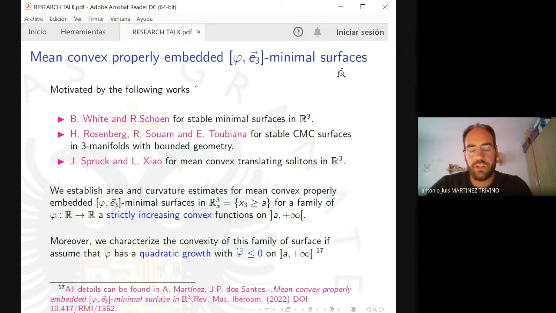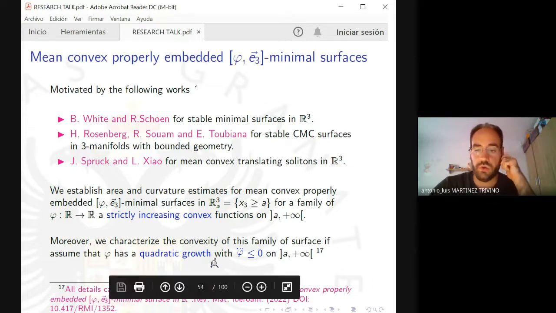Motivated by the following works of Brian White and Schoen for stable minimal surfaces in R3, Rosenberg, Souam, and Toubiana for stable CMC surfaces, namely constant mean curvature, in 3-manifolds with bounded geometry, and the work of Sprague-Chow for mean convex translating solitons in R3, in this section we establish area and curvature estimates for this family of surfaces when phi is a strictly increasing convex function. Moreover, we characterize the convexity of this family when phi has quadratic growth and the third derivative is non-positive. Okay?